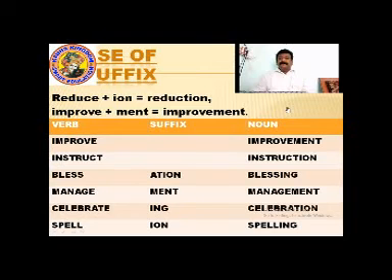Speak out loudly, repeat the spellings, write it, and pay attention. Write improve, IMPROVE. Simultaneously, you repeat with me. Improvement, IMPROVEMENT. The suffix used is MENT.